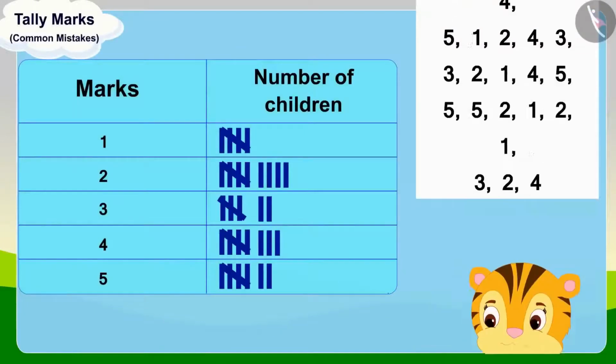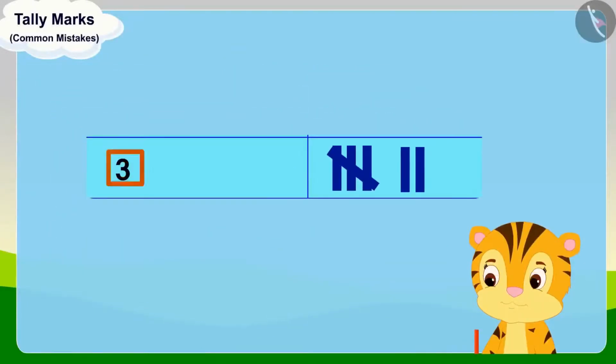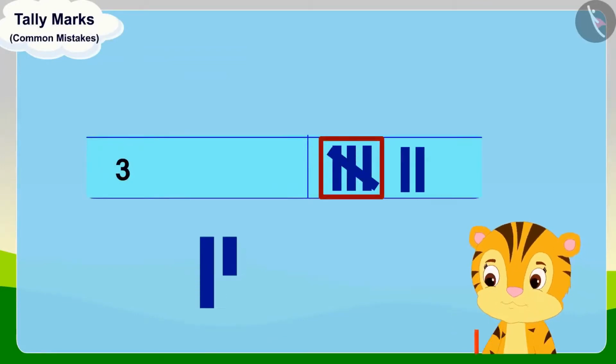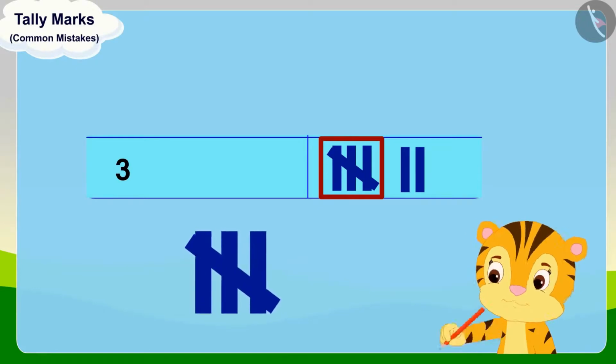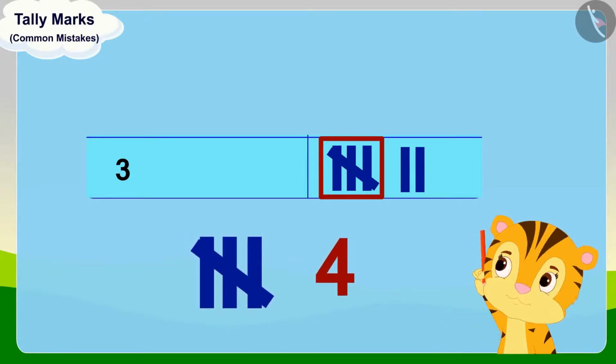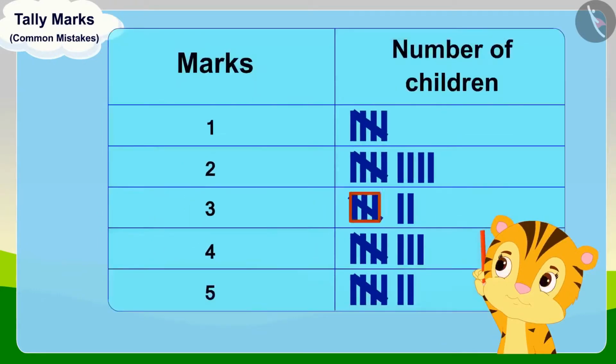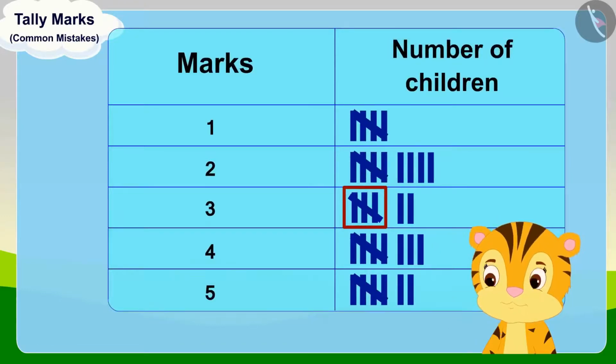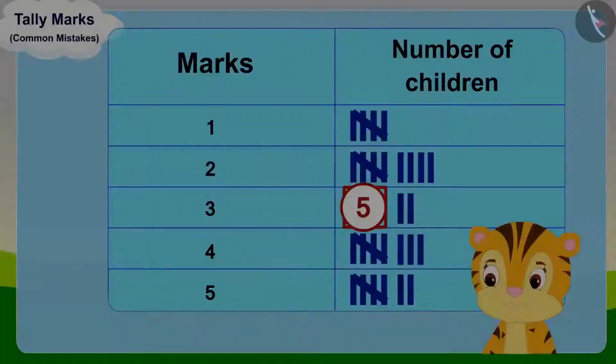Actually, when Mrs. Khan was making tally marks for 3 marks, she made only 3 vertical lines and 1 slanted line in the group of tally marks, due to which there are only 4 lines in that group of tally marks. While on the other hand, while counting, she counted this as a group of tally marks of 5 lines.